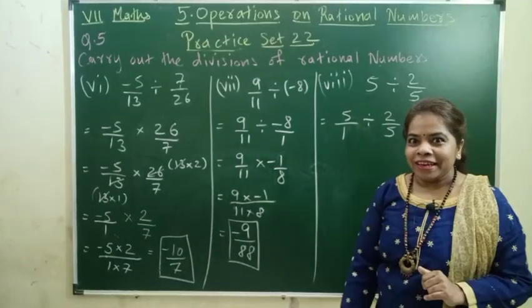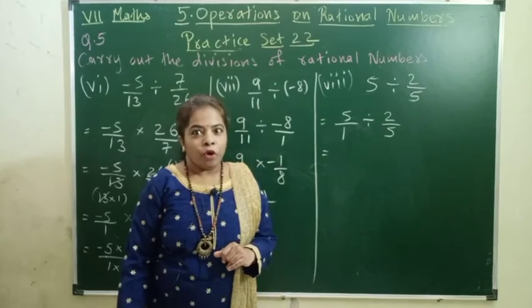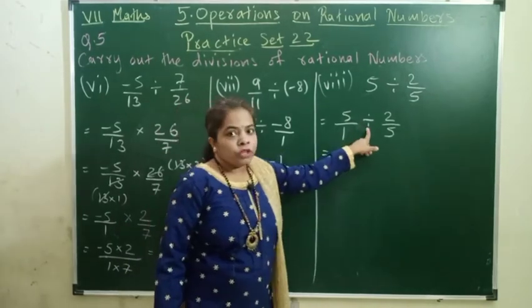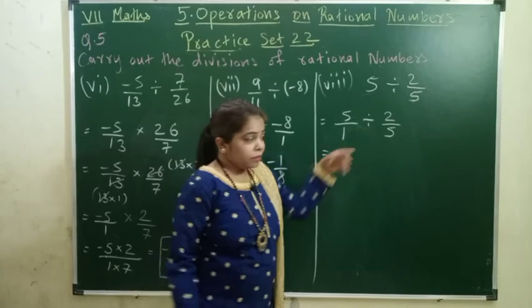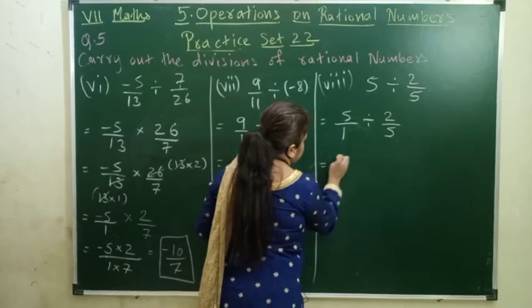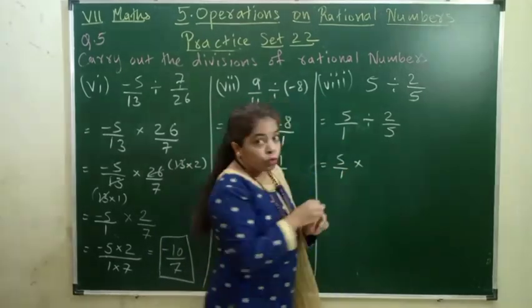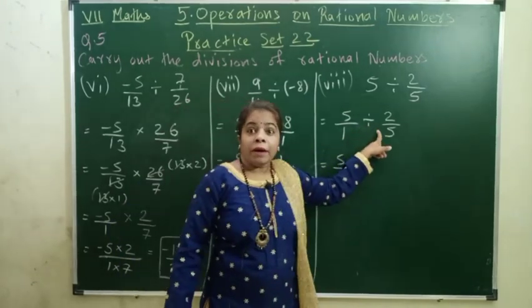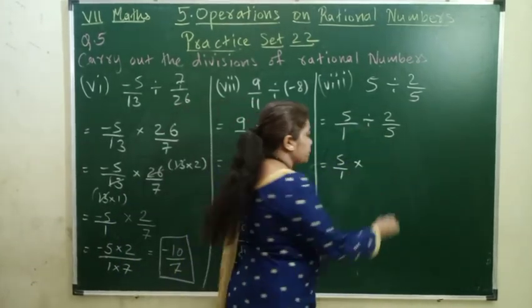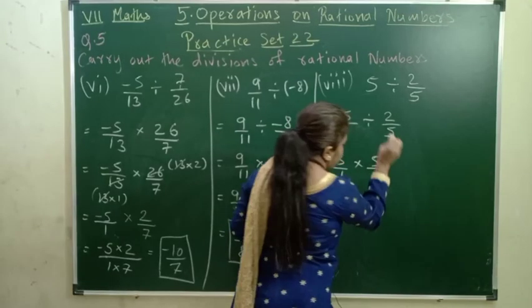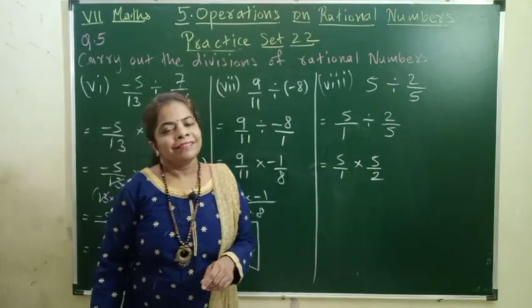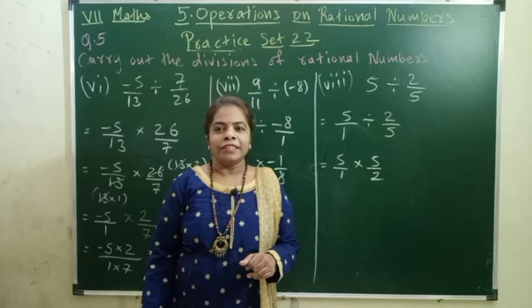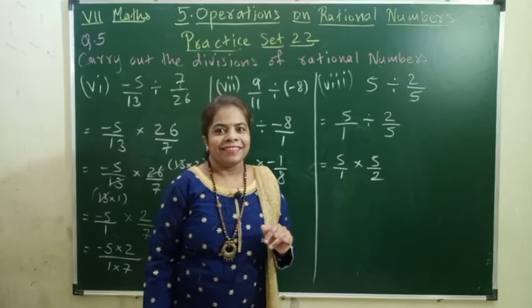Because there is no denominator, let's divide it in our normal way. This division will change into multiplication. Into, the second one will be reversed. 2 upon 5 will become 5 upon 2. That's the rule, children. Whenever there are division fractions, we always do it.